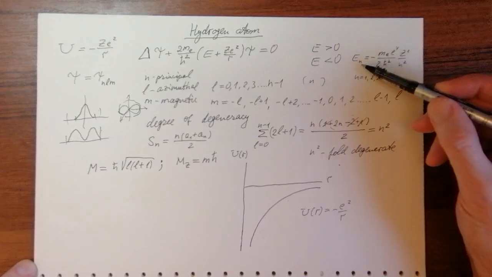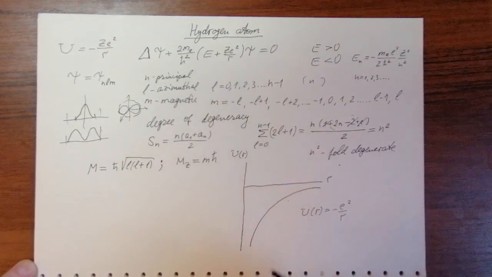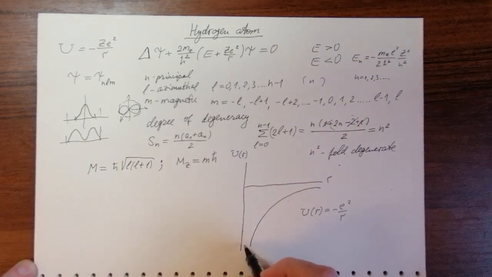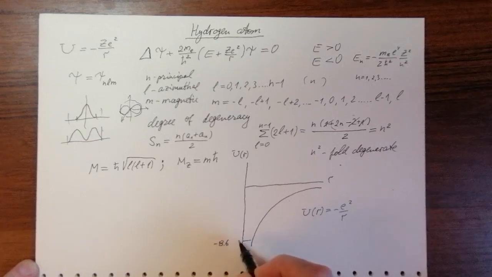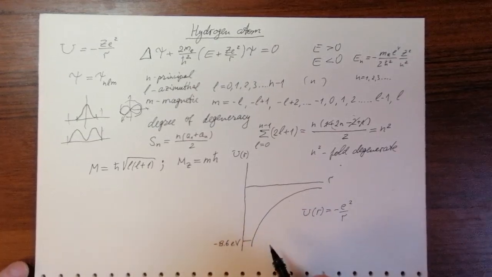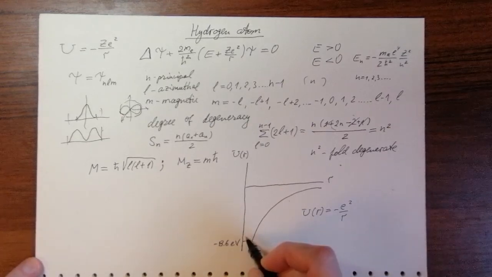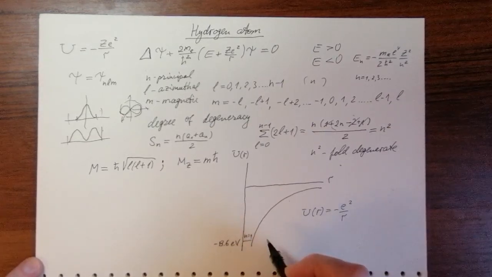So we can calculate this value E_n, and it appears that this value is -13.6 electron volts. And this corresponds to n equal to 1.